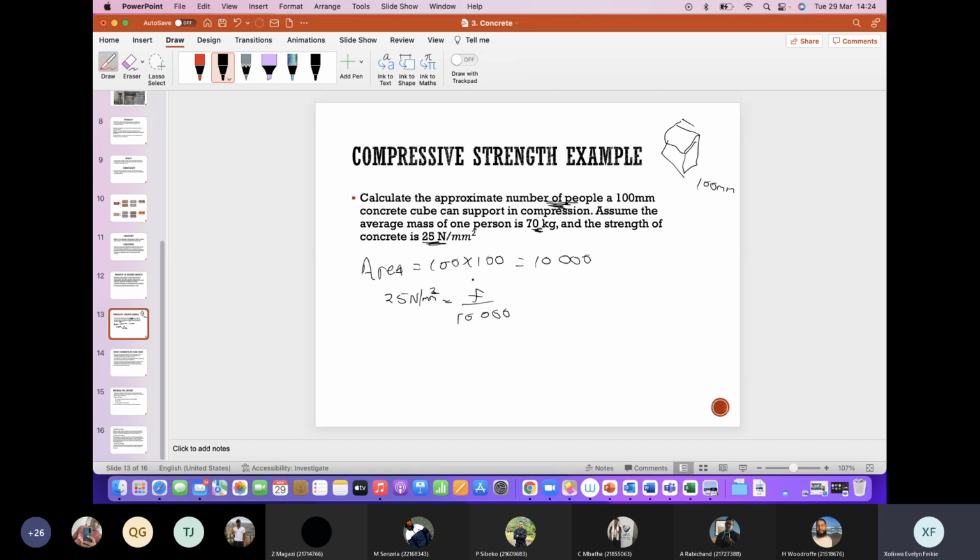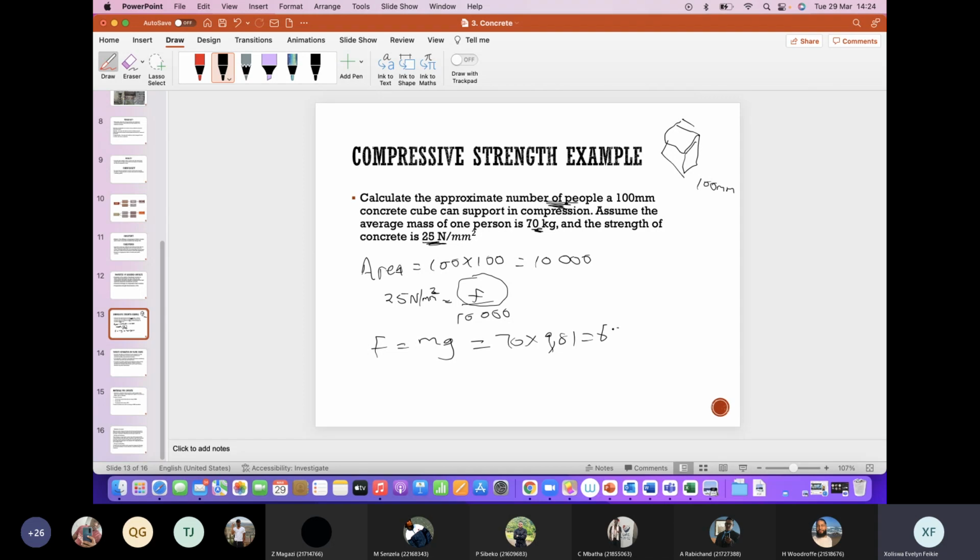The only thing that's missing here, in terms of force, is what we don't know. They say that one person is 70 kg. If one person is 70 kg, the force to determine will be F equals mg, the mass is 70 times 9.81, and then you get a value.